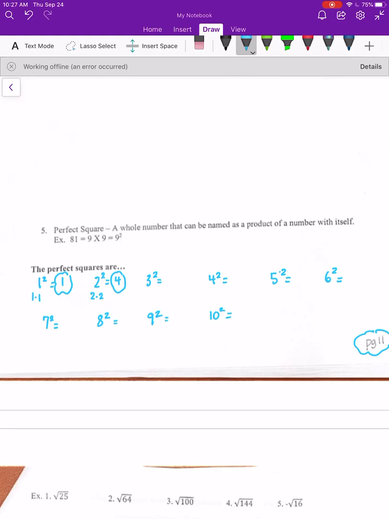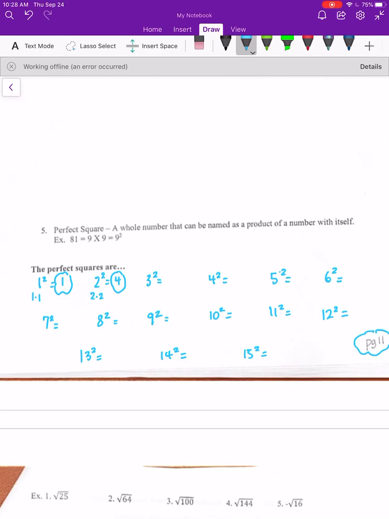Let me go back. 11 squared, 12 squared, 13 squared, 14 squared, and 15 squared. And that's probably as high as I think you should know. But these are ones that you need to commit to memory.